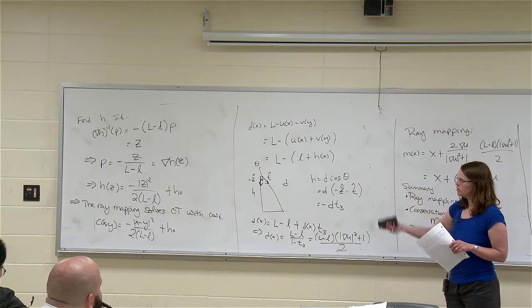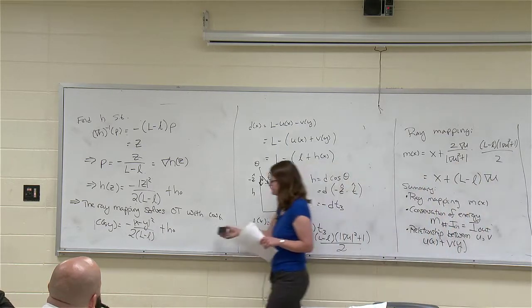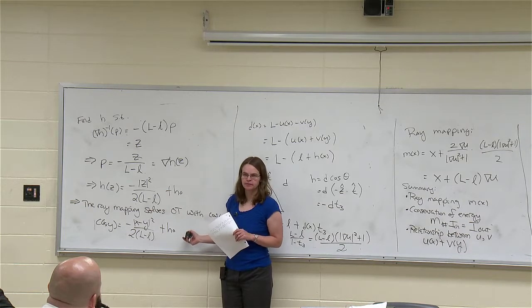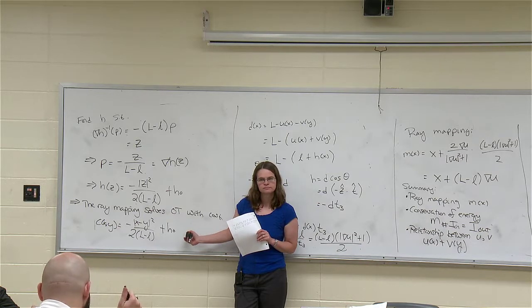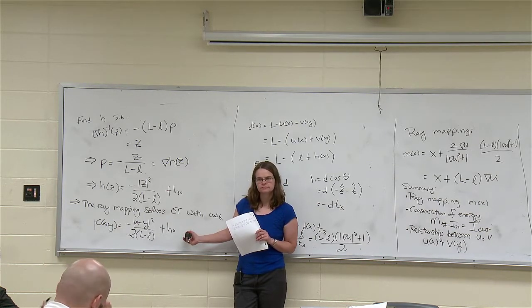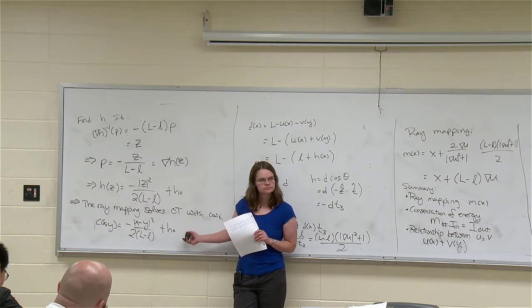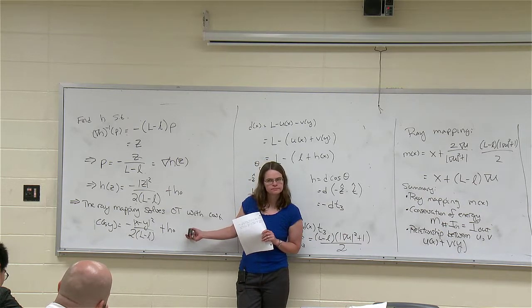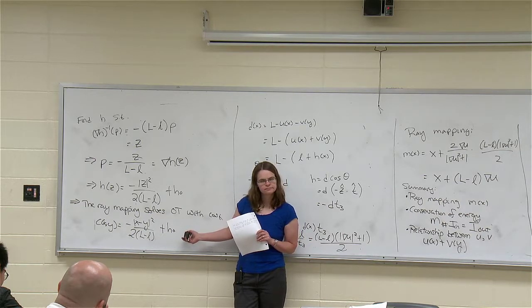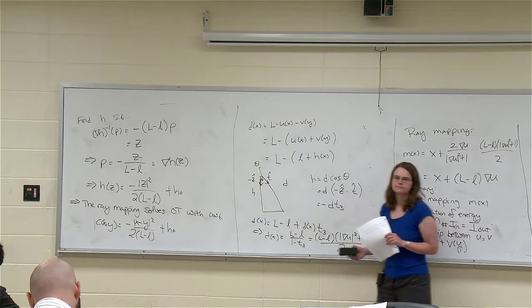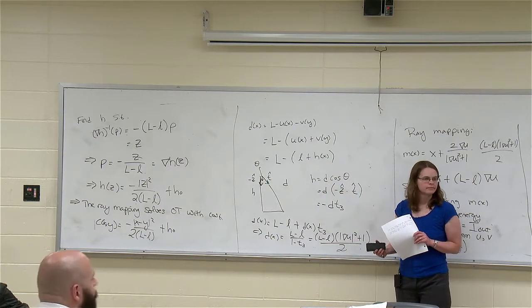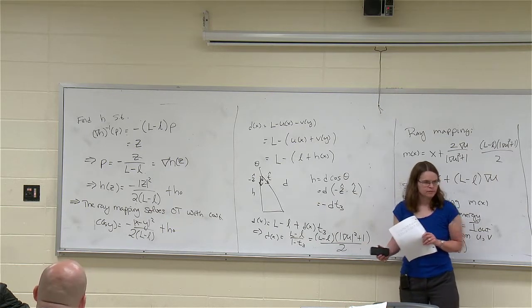So if we can solve this optimal transport problem with this cost function, where does reflector number 1 come in? What does reflector number 1 have to do with the solution of this optimal transport problem? So that's important.